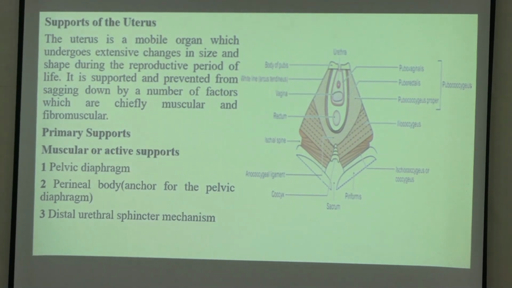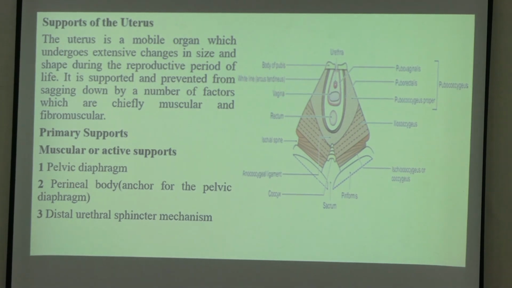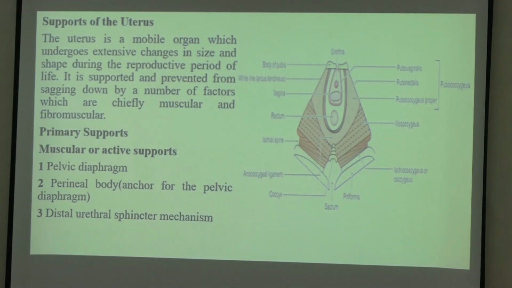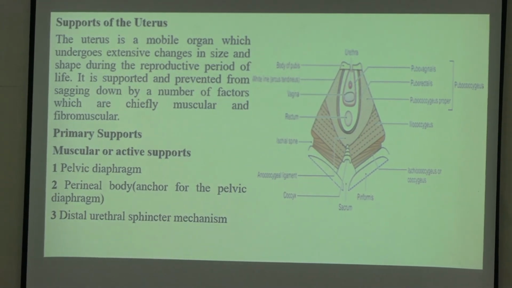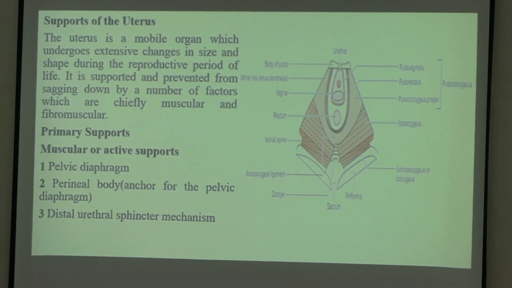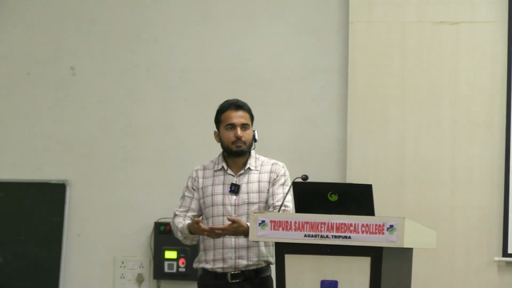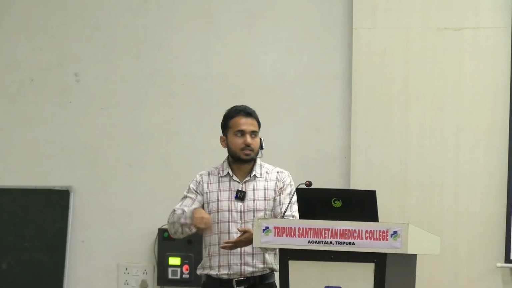Now, last time I hope you remember we have discussed the pelvic diaphragm. Two muscles are there forming the pelvic diaphragm. What are they? Levator ani and coccygeus muscle. This pelvic diaphragm is funnel shaped, and it is supporting the pelvic viscera or the organs which are present in the pelvic cavity.